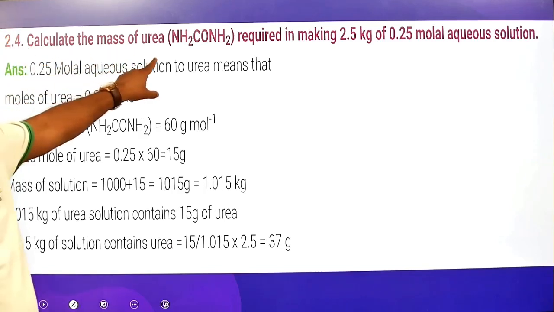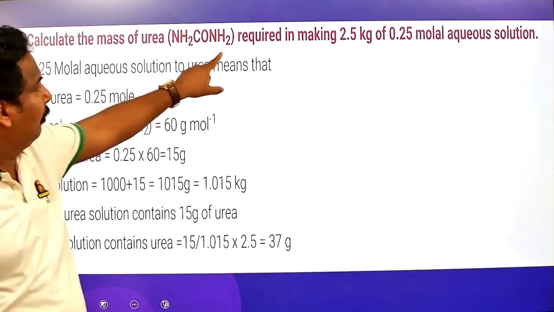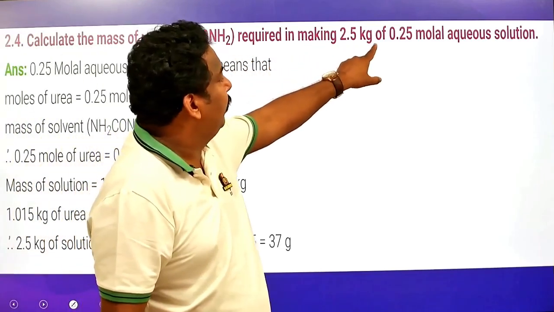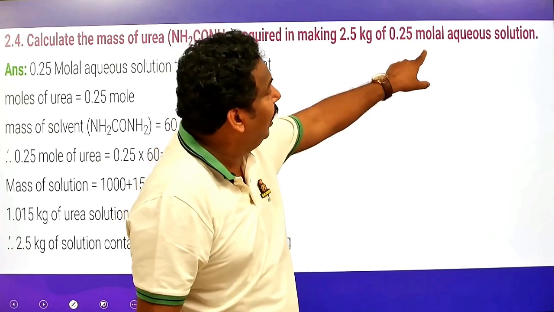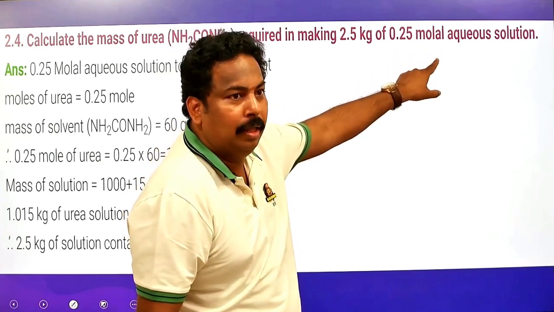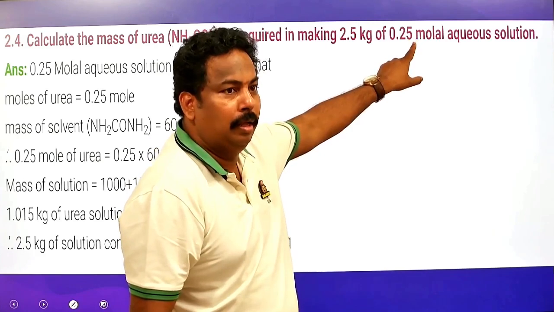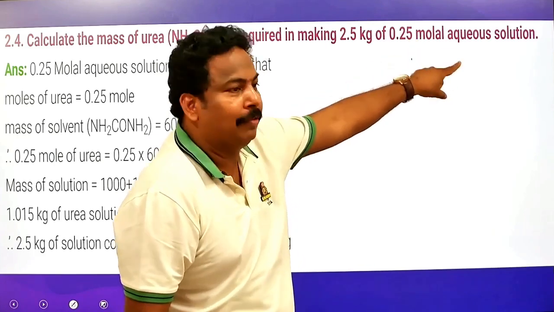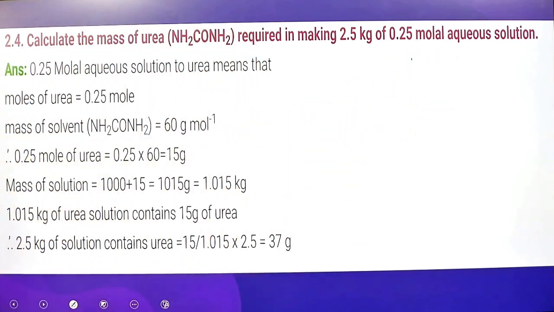Calculate the mass of urea required in making 2.5 kg of 0.25 molal aqueous solution.